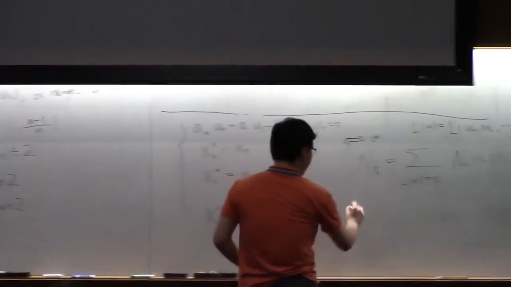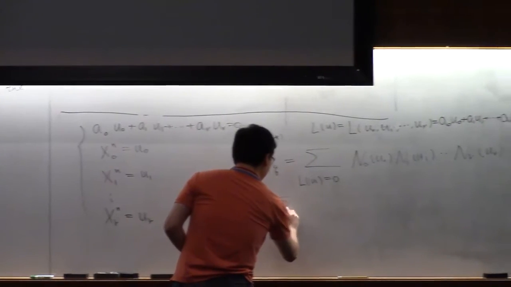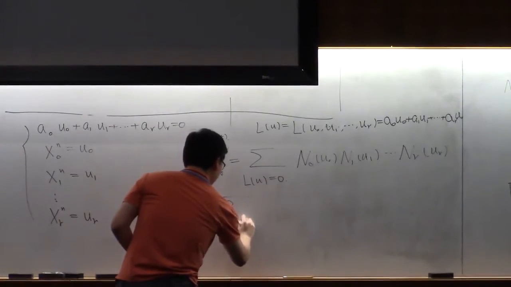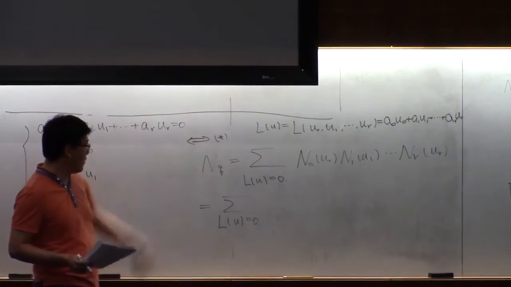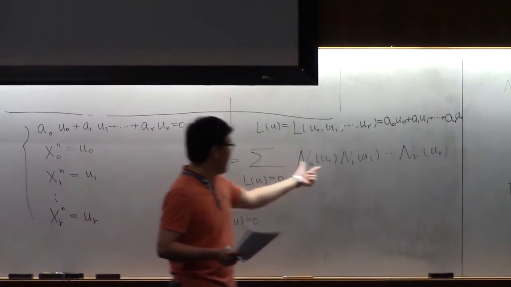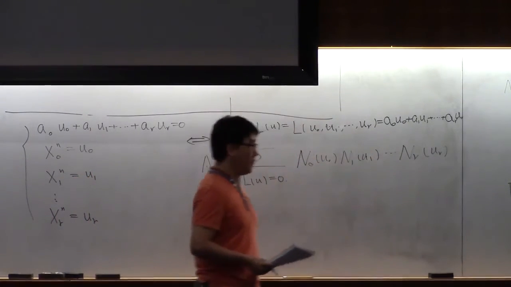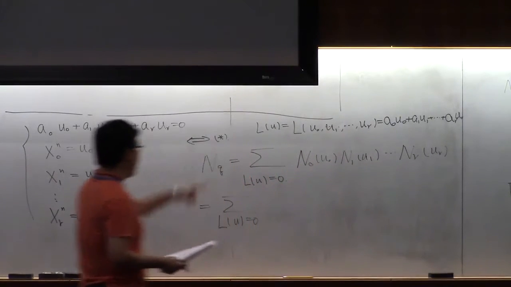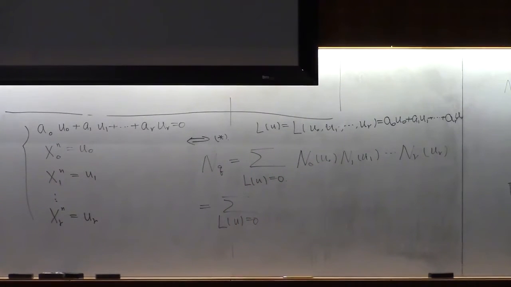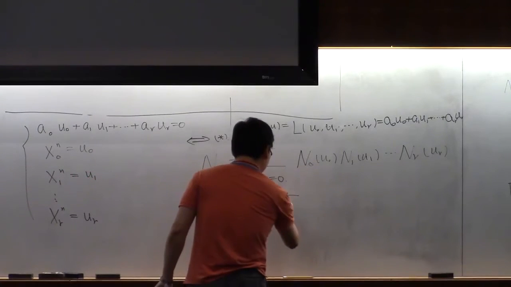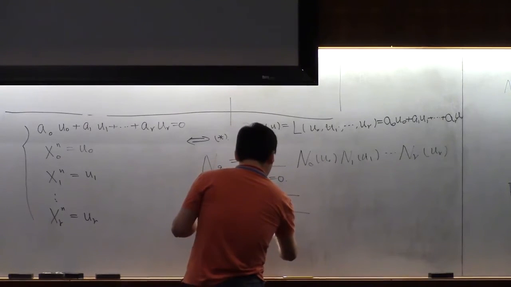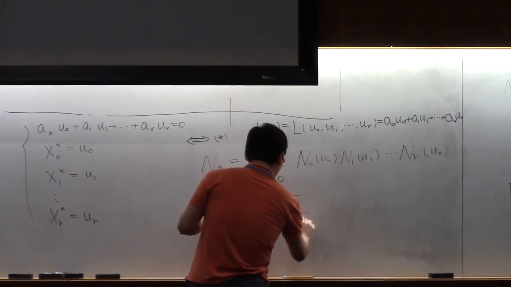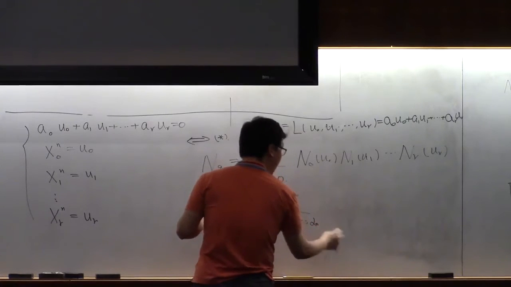So now I can rewrite this number of solutions as the sum of this number of solutions. But for each of these number of solutions, it is the sum of some characters. So here we have alpha 0, alpha 1, alpha r.